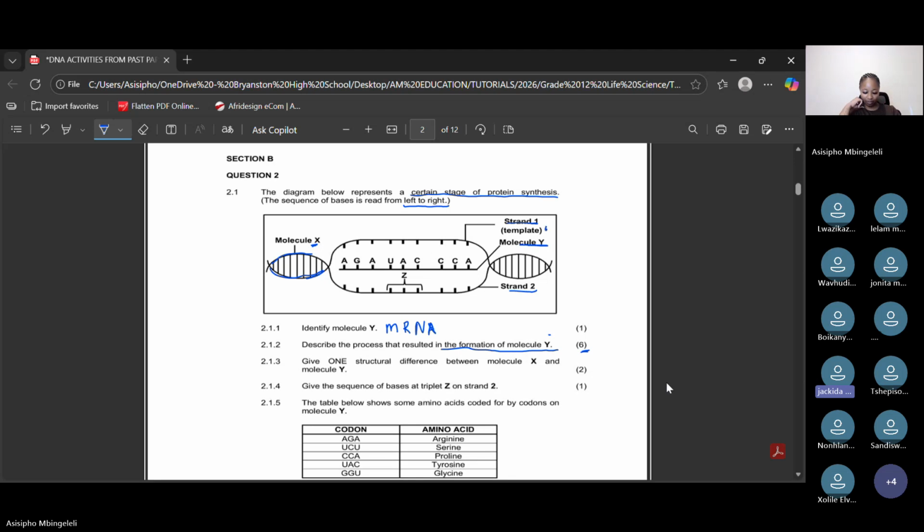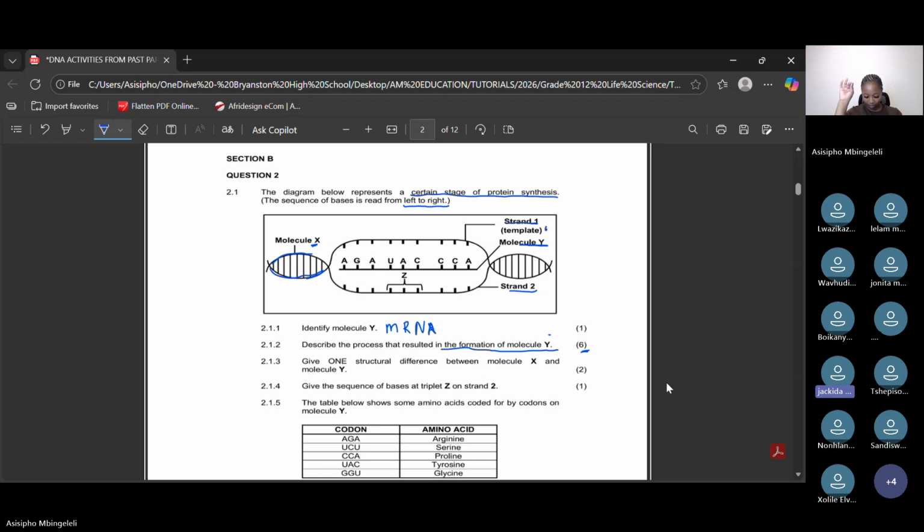My answer is the DNA double helix unwinds, the two strands unzip, hydrogen bonds break to form two separate strands. One strand is used as a template to form mRNA.